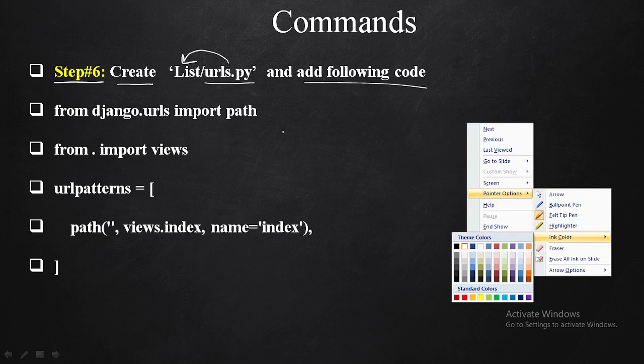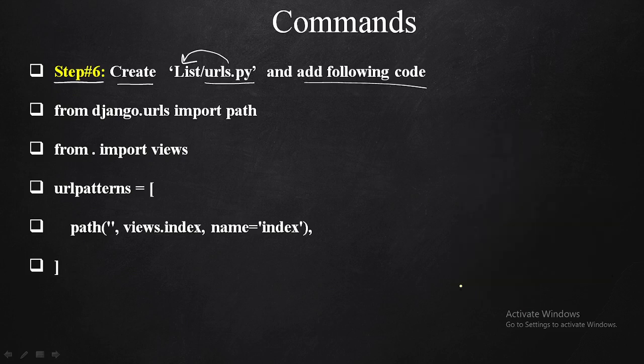From django.urls import path, from . import views. So in this particular urls file, we are going to call a function from the views.py file, because views.py is there inside the list folder.